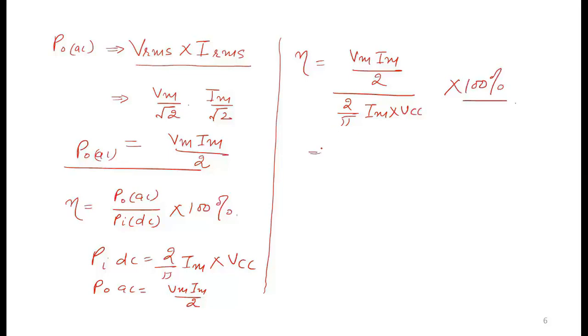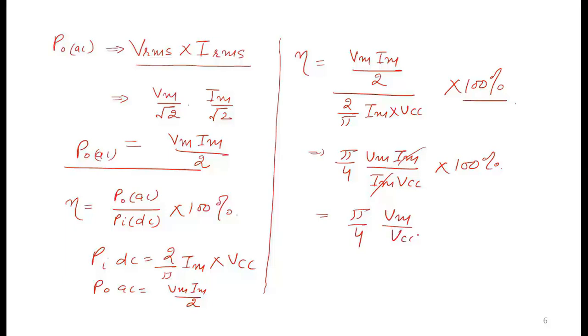Okay, so here we can write it as pi by 4 Vm Im divided by Im VCC into 100%. Here we can cancel Im. So we have pi by 4 Vm by VCC into 100%.